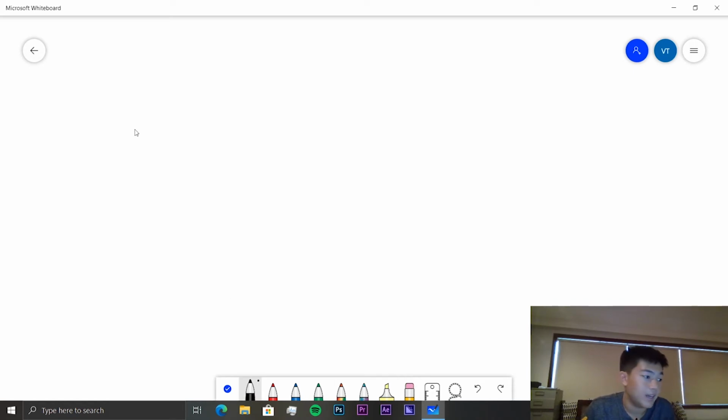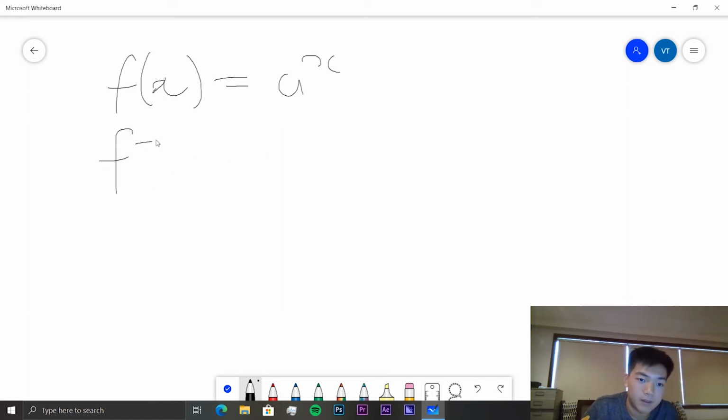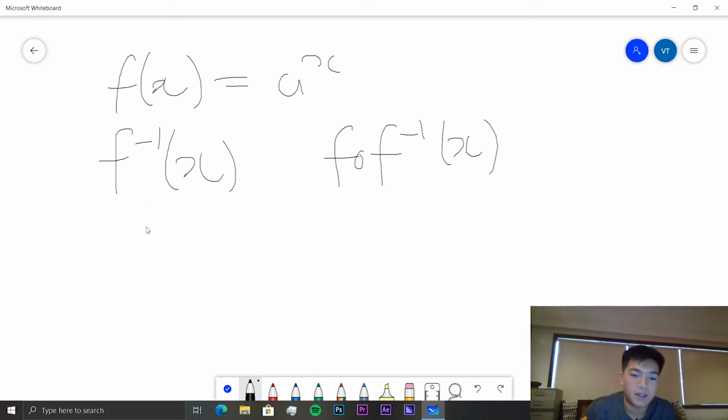Yep. Next, given that f(x) = a^x, find f^(-1)(x) and f(f^(-1)(x)). So f^(-1)(x) is simply log_a x, and so this would be equal to a^(log_a x).